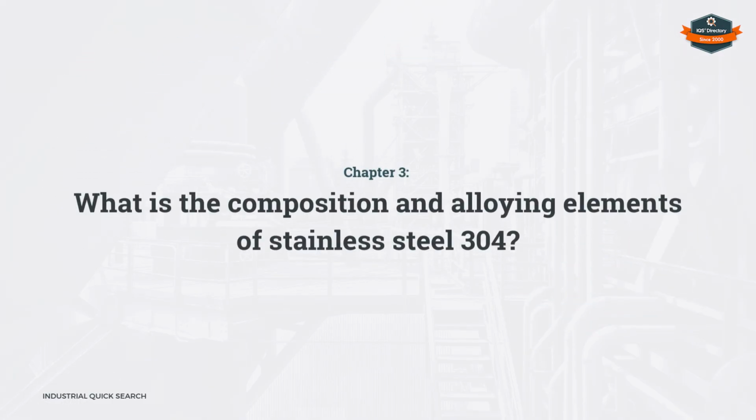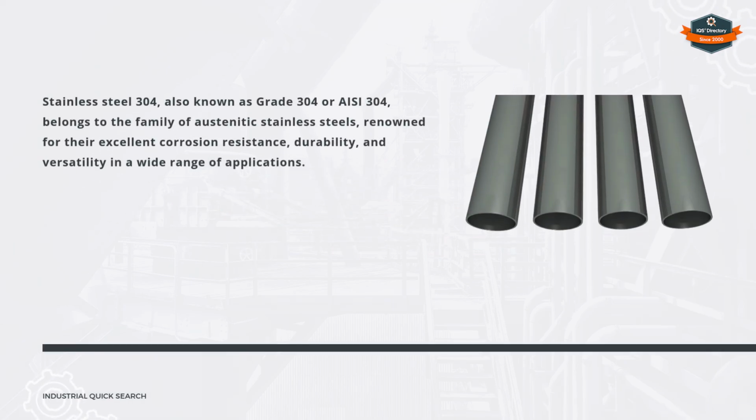Chapter 3. What is the composition and alloying elements of stainless steel 304?